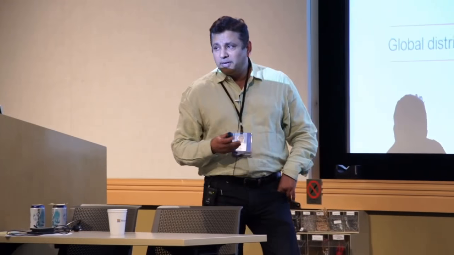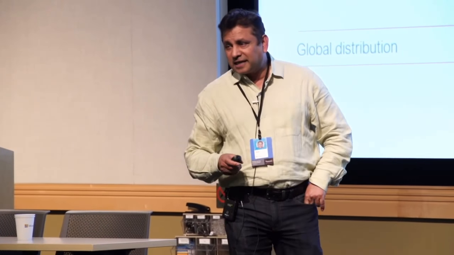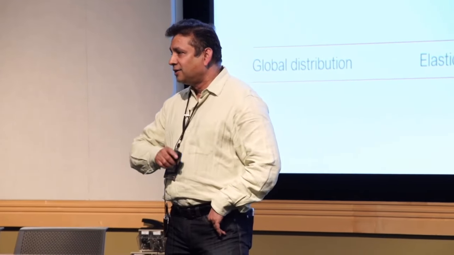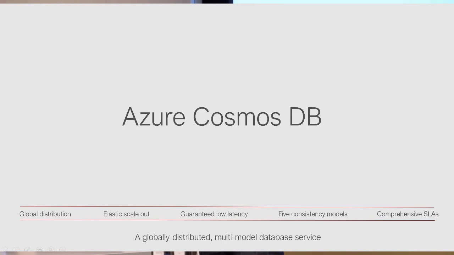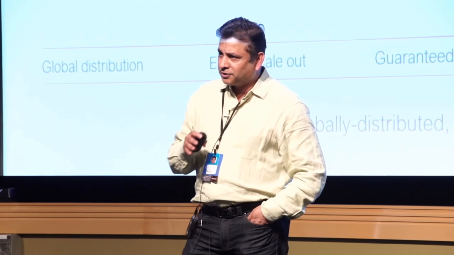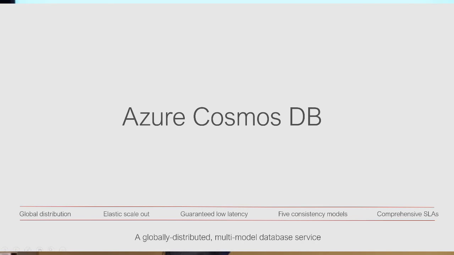And then after that, they come down and everything keeps working. So that's what we mean by elastic scale out. And I don't know how many other databases can do this way, by 3 lines of code, and you elastically scale out for millions and millions of RUs. We call it request units per second.